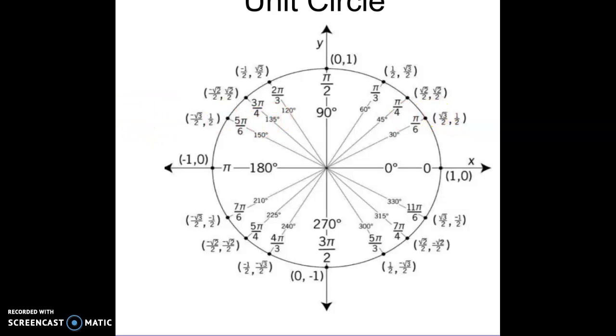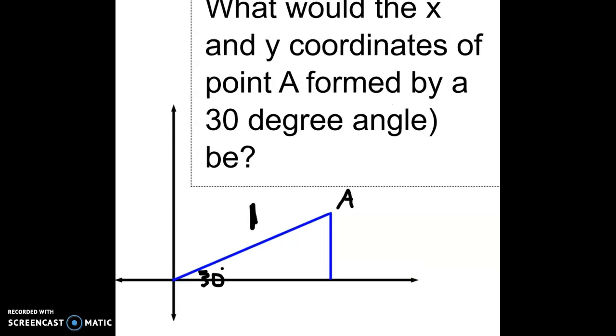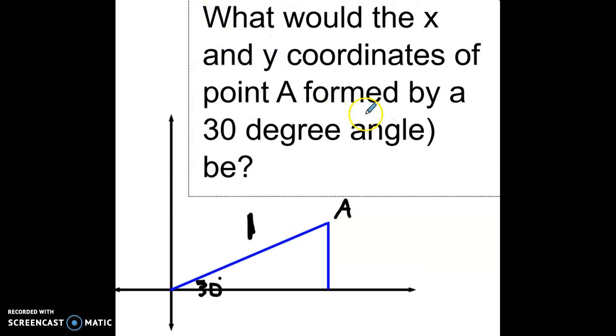So that's going to be super helpful there. Just as a quick review of that, since I went over that really fast, what would the x and the y coordinates be?